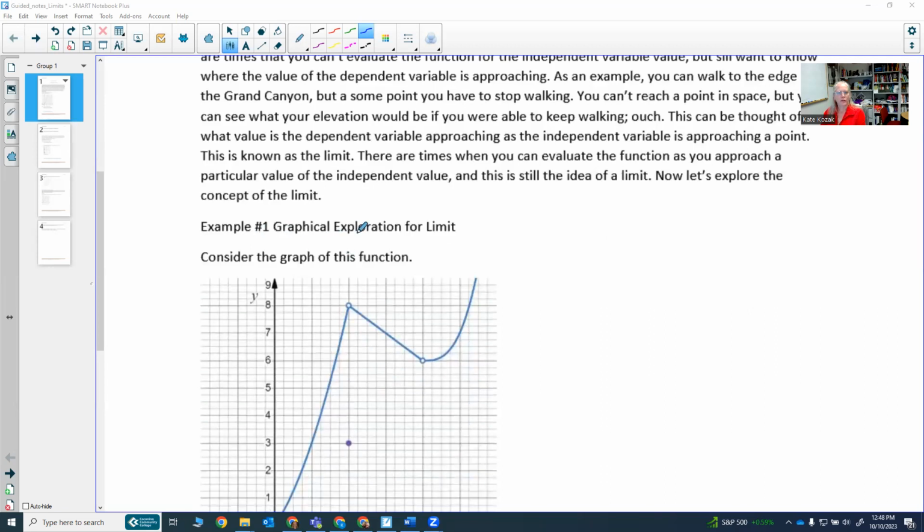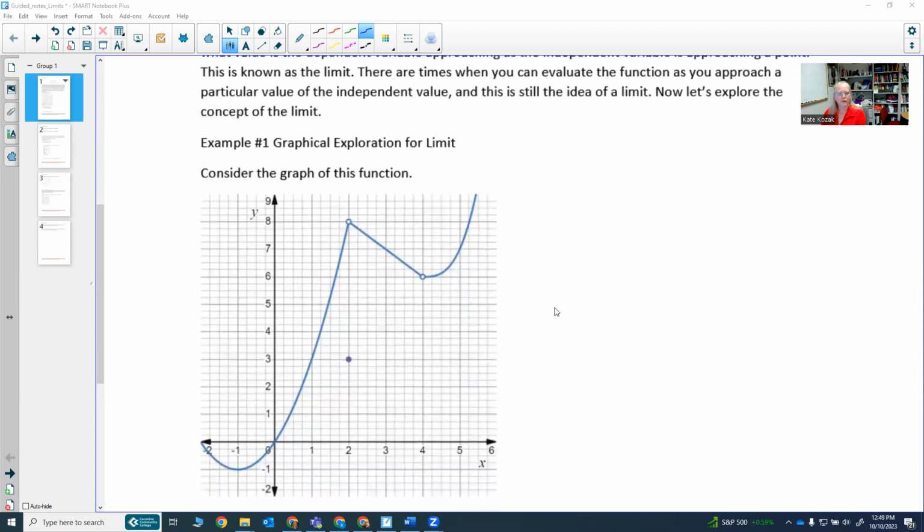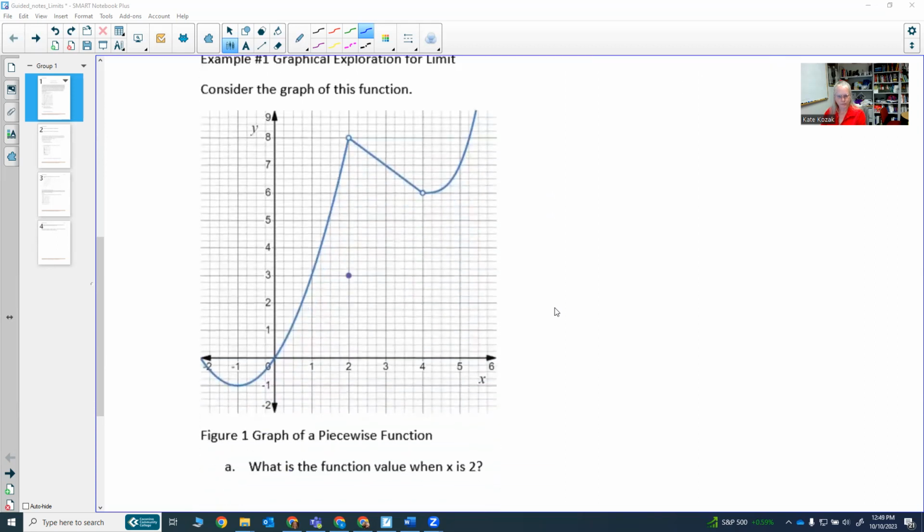So example number 1, graphical exploration of limits. Consider the graph of this function. What is the value when x is 2? So the solution to this is, when x is 2, notice the closed dot at the point (2, 3).